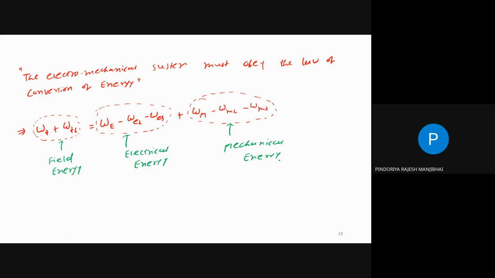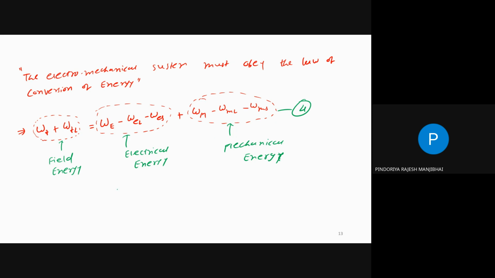So you can see, we can convert. Suppose we have an electrical energy, then we can easily convert it to mechanical energy by the coupling system. Correct? So this is a simple and straightforward equation. So we can say this is equation number 4.